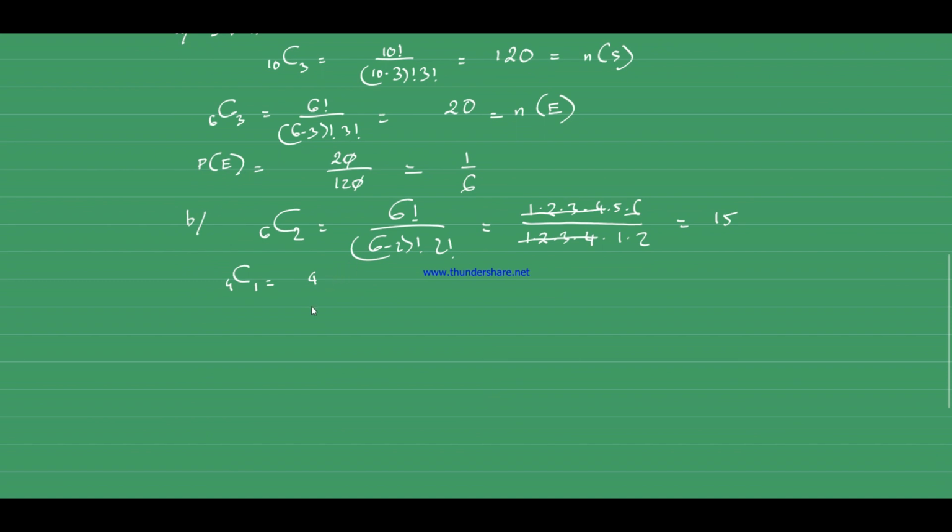So it means that you will have 4 times 15, which is 60 possible ways to pick 2 Democrats and 1 Republican.